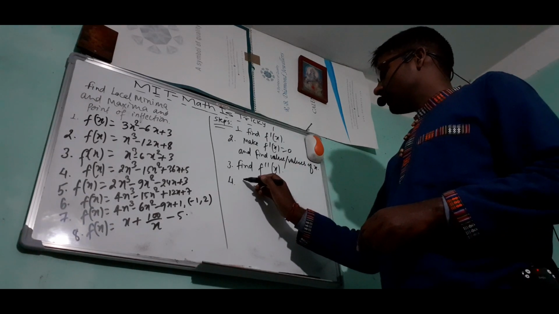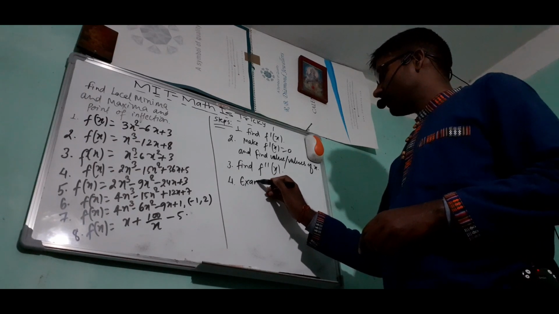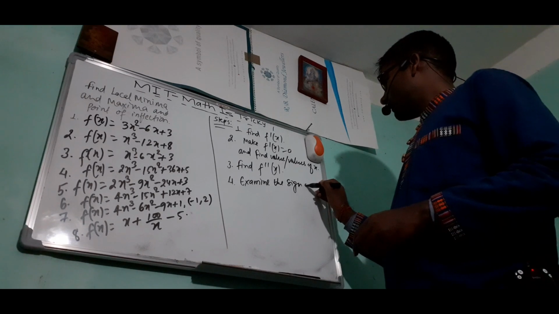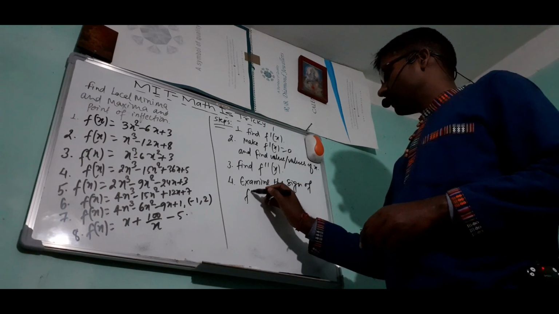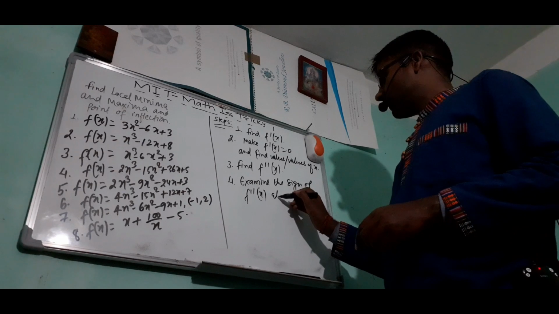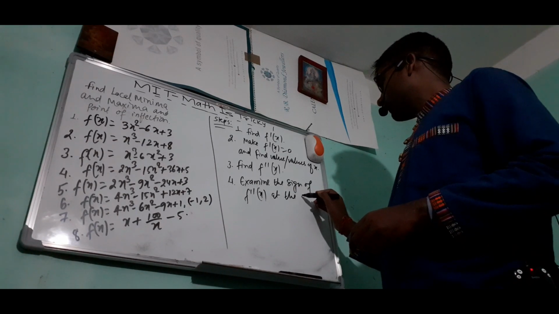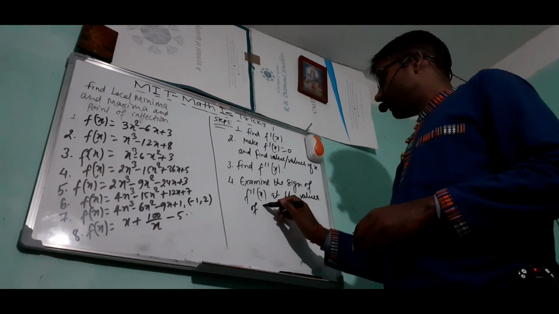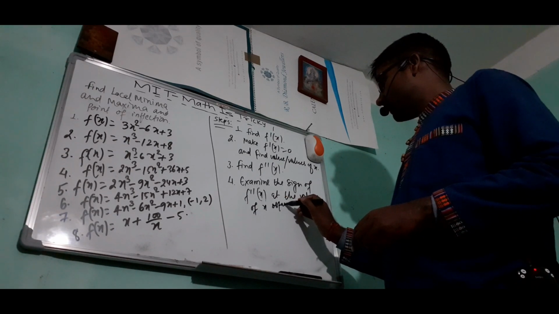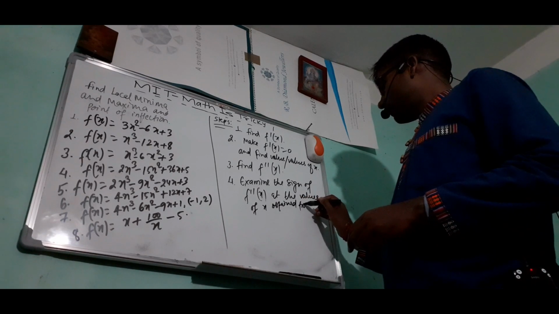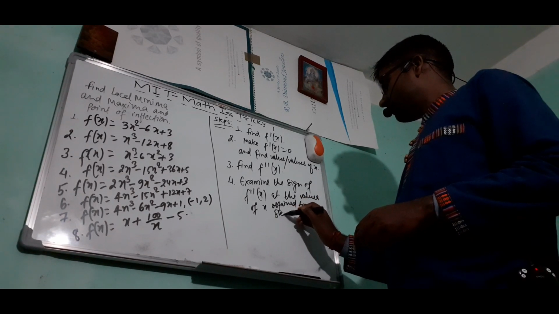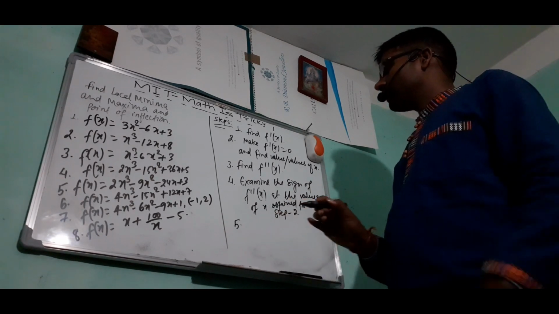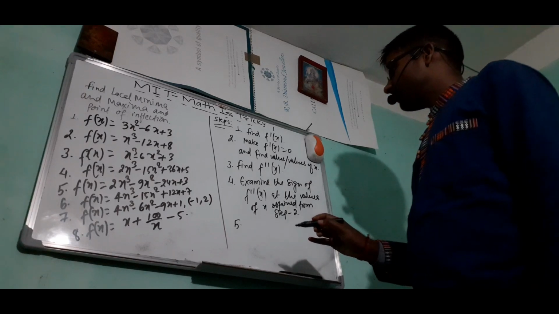Fourth step, examine the sign of f double dash x at the values of x obtained from step 2.